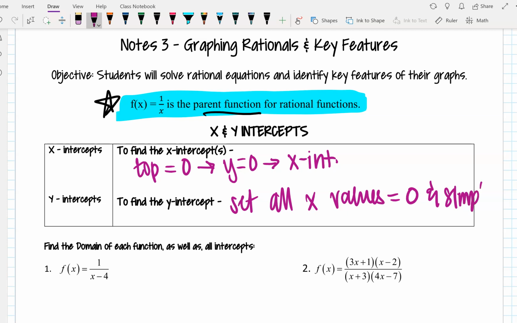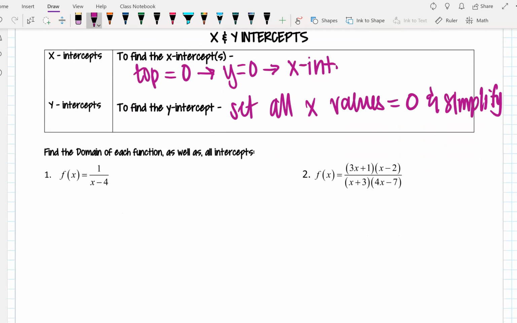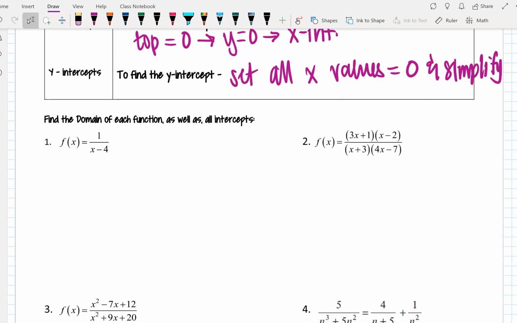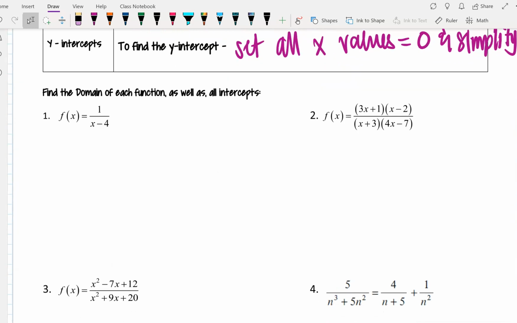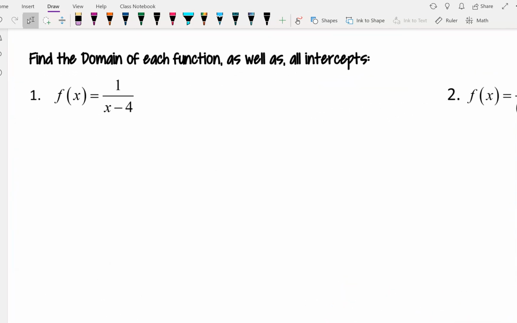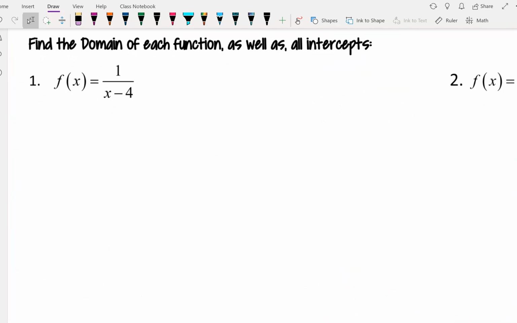Okay. So we're going to do those two things with these equations, these functions that we have. For the first one, we're going to find the domain, but we're also going to find the intercept. So the domain for this first one, number 1, remember domain deals with your x values. So you need to decide what x can and cannot be.